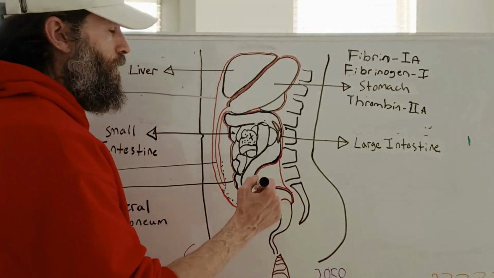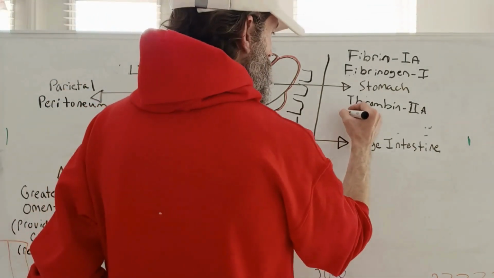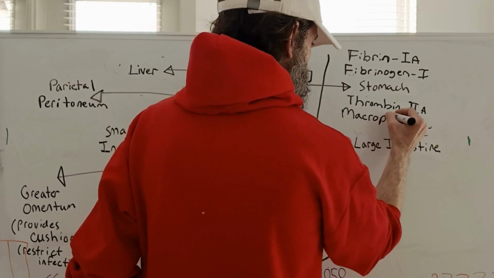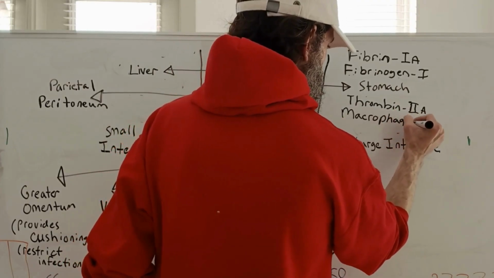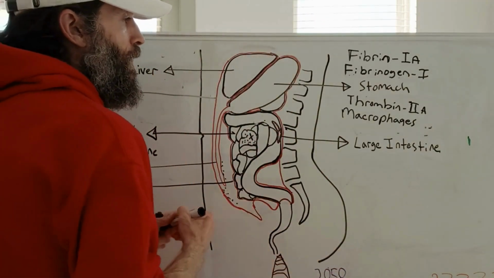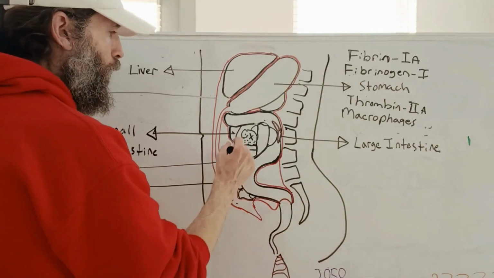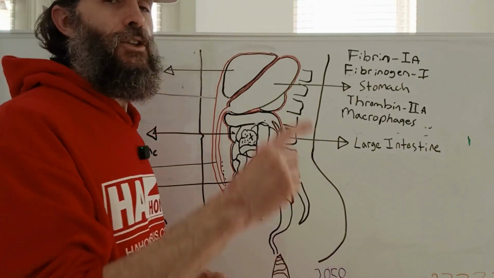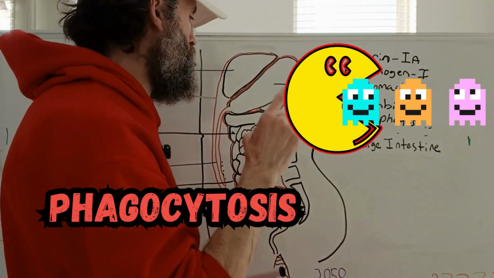So the immune system is going to send in, for example, macrophages. And what macrophages try to do is essentially engulf the barium sulfate, a process called phagocytosis.